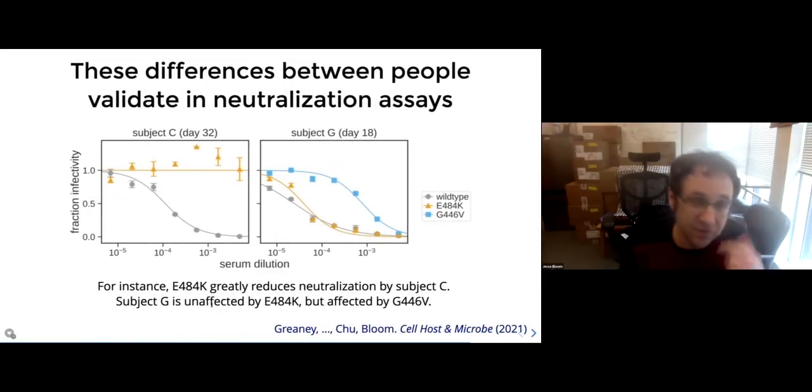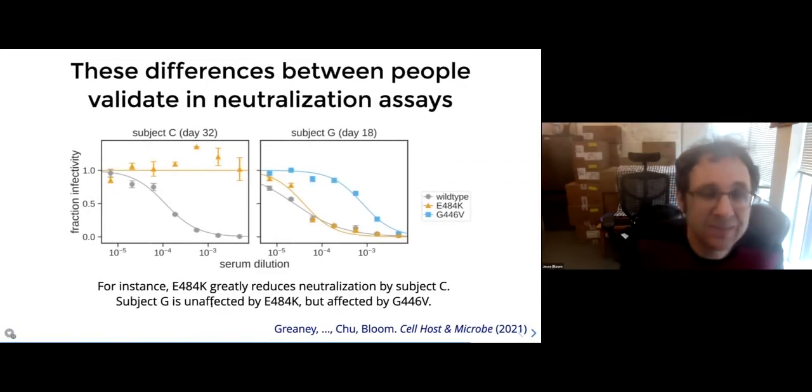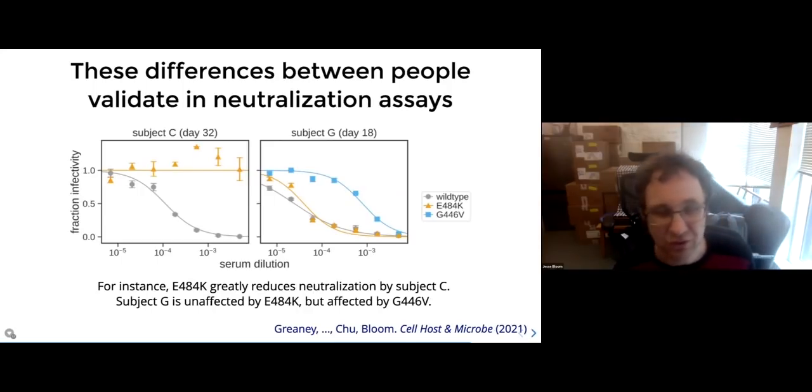Importantly, these differences in antibody binding that I'm showing you using this yeast display system tend to validate pretty well in neutralization assays. Here's just one example. Subject C is this individual that had the antibodies strongly targeting site 484.